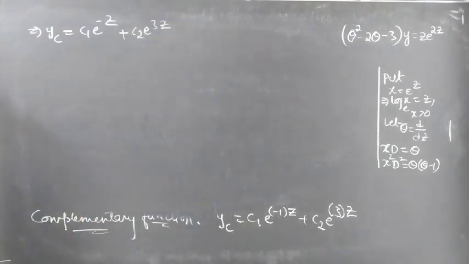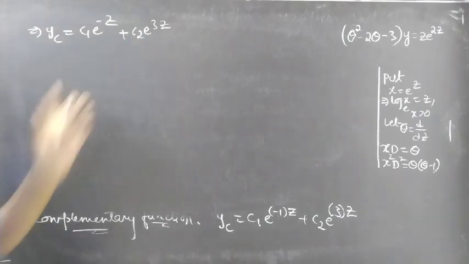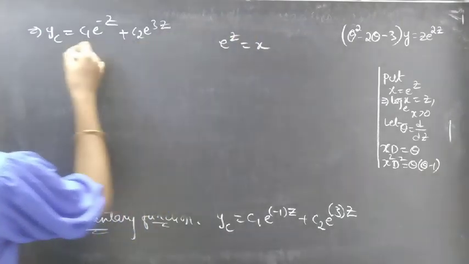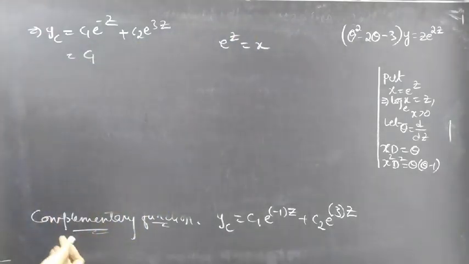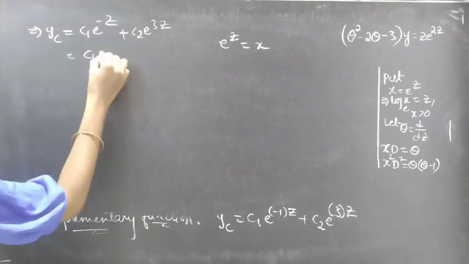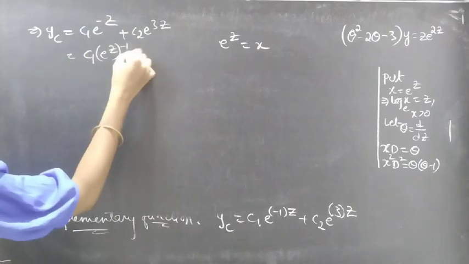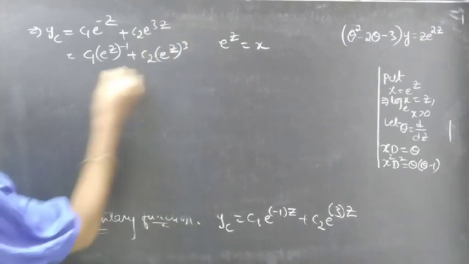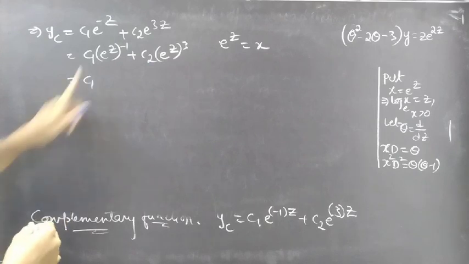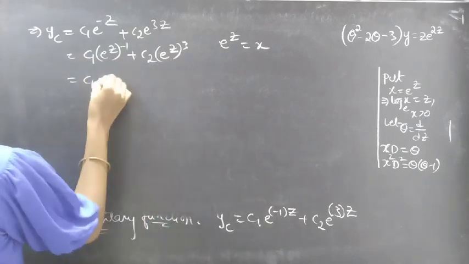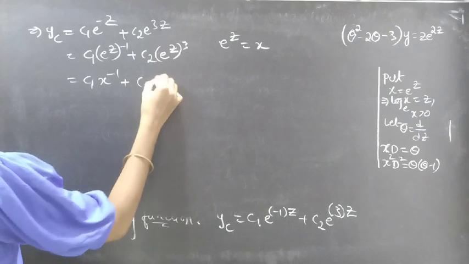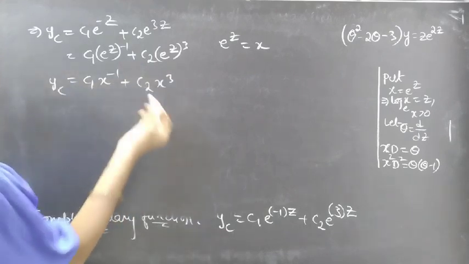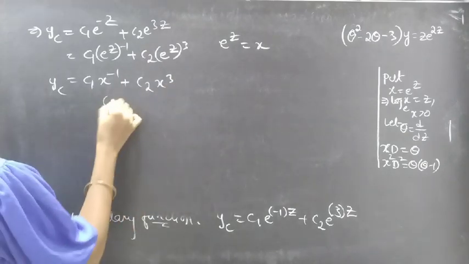Now we need to write in terms of x because we have yc in terms of z. Now we can replace e^z by x. So before replacing e^z by x, we'll write e^(−z) as (e^z)^(−1) plus c2 times e^(3z) as (e^z)³. Now replace e^z by x. We'll get c1 x^(−1) + c2 x³.